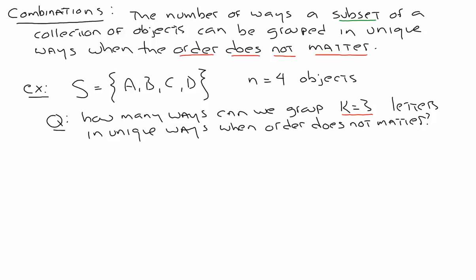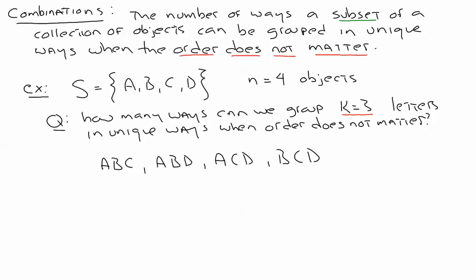And so, very clearly, the answer to this question, just by observation, is that we have 4 different unique groupings, and they are A, B, C, A, B, D, A, C, D, and B, C, D. All right? We have 4 unique groupings when the order doesn't matter.